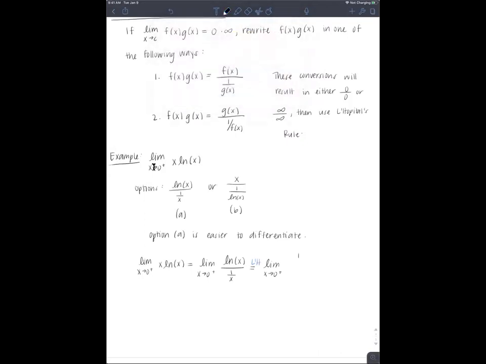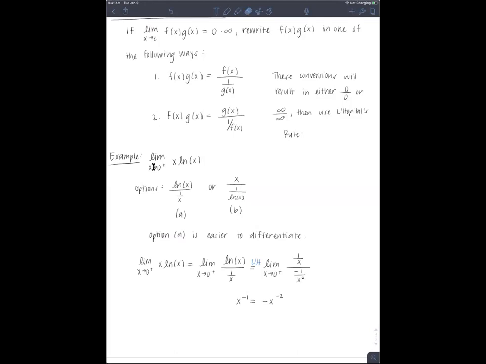So I'm going to have 1 over x on top. And what's the derivative of that 1 over x going to be? Yeah, negative 1 over x squared.